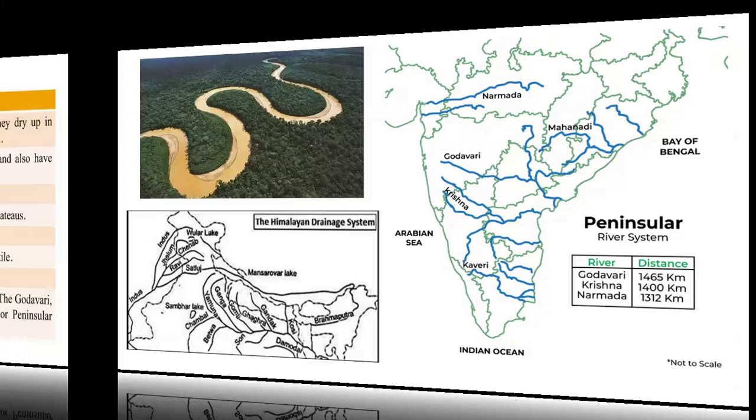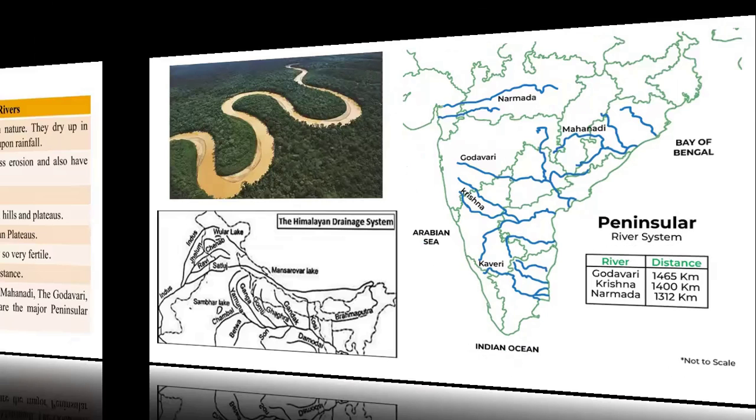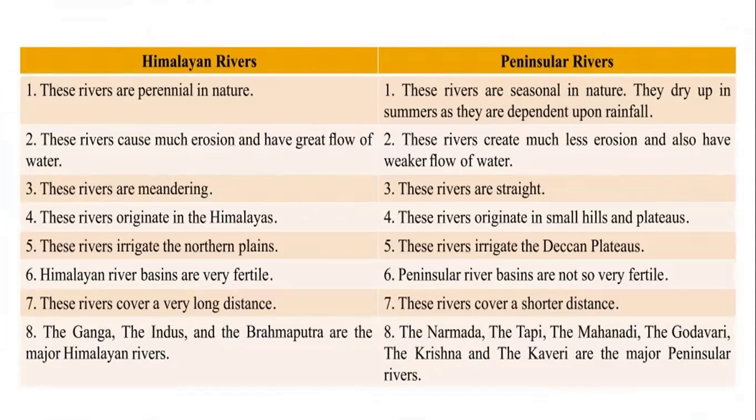What is meandering? Himalayan rivers form meanders. You can see in this first picture a snake-like structure. This is called meanders. Meanders are formed only by the Himalayan rivers, but peninsular rivers flow straight.